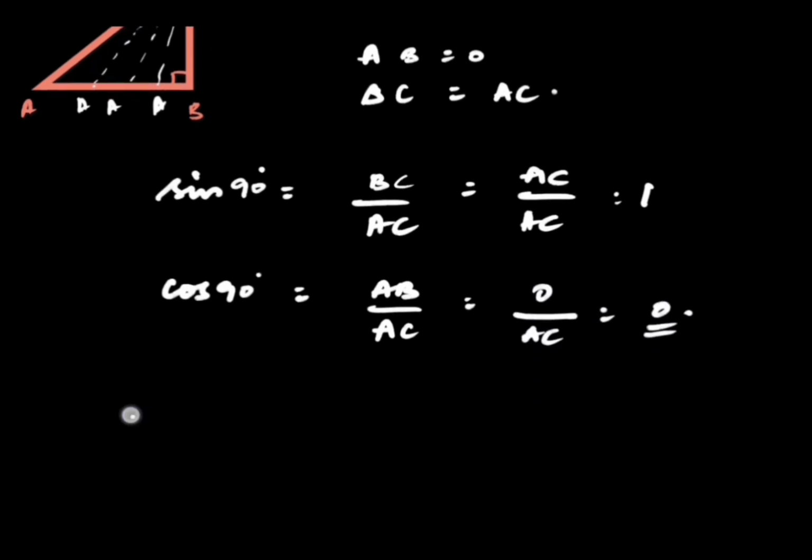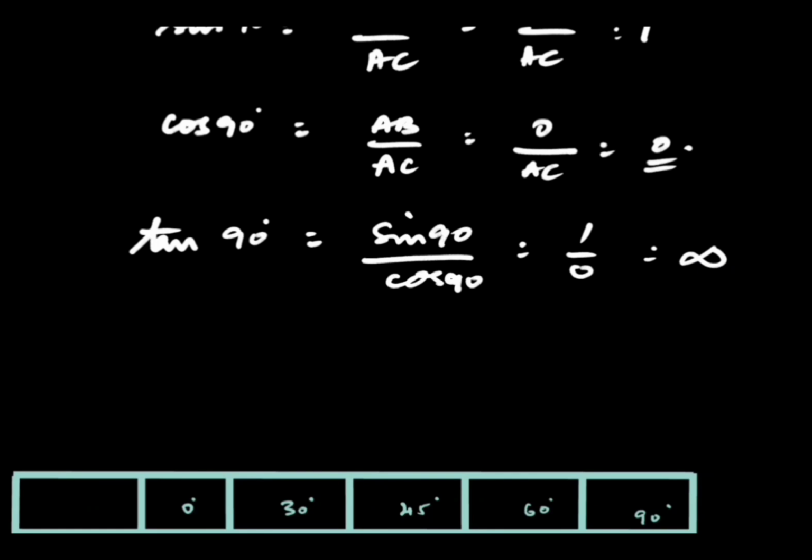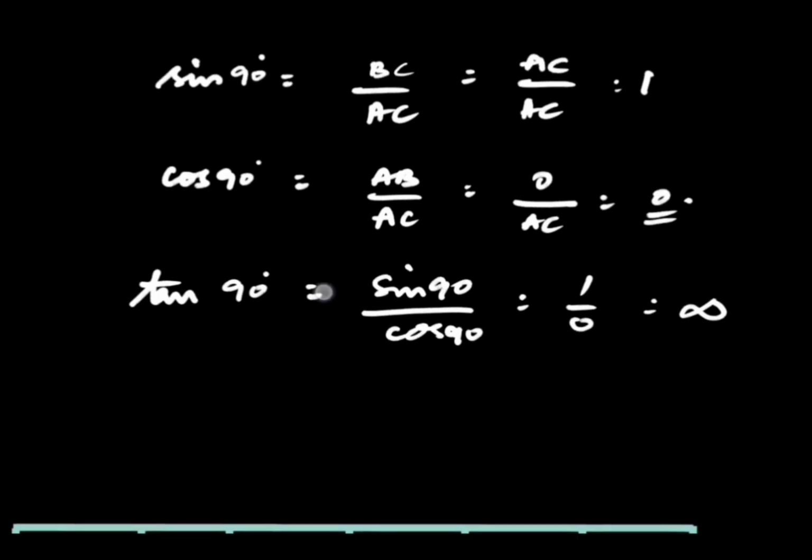Tan 90 degree is undefined as the denominator becomes 0. And we'll get to know the inverses of other things. Cosecant 90 is the inverse of sin 90, that is 1.